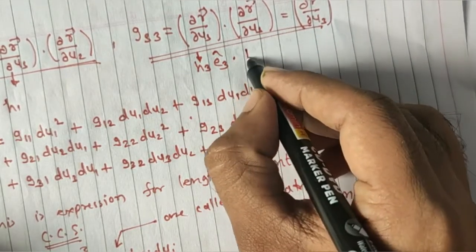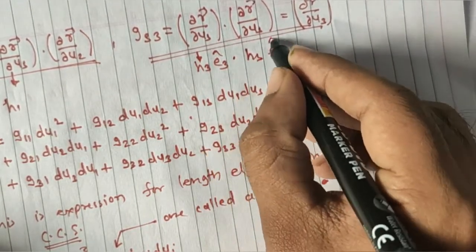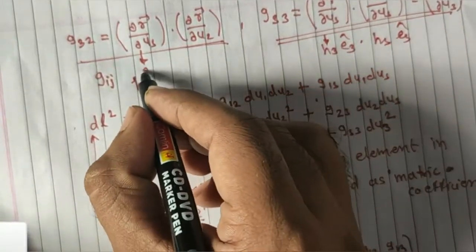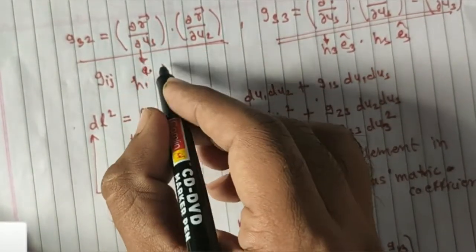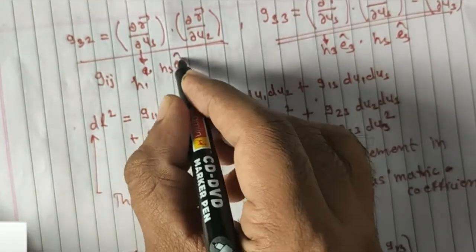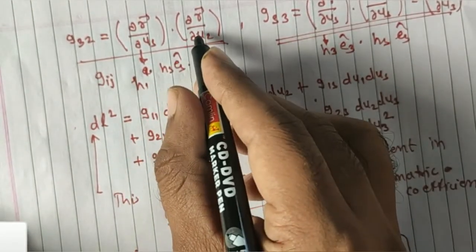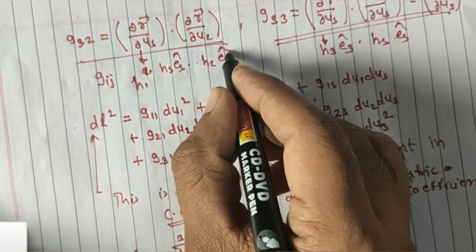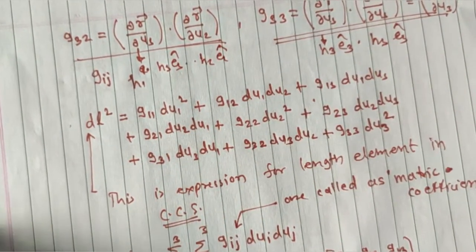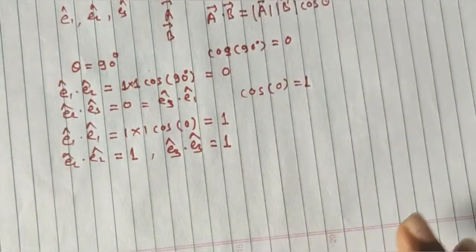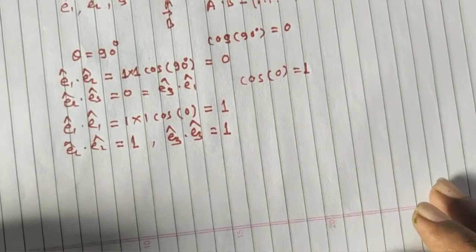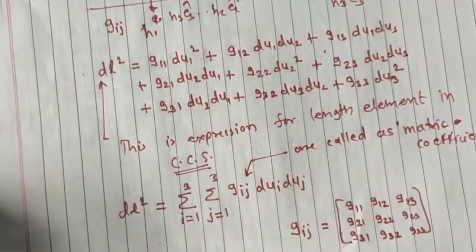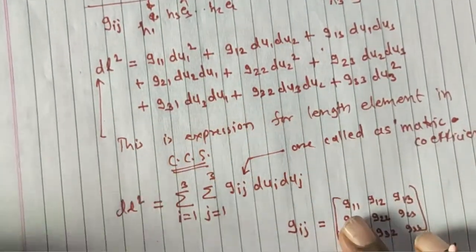Similarly, there is a dot product of h3 e3 cap, and in this case there is h3 e3 cap dot h2 e2 cap. There is a dot product, so I'm going to use these dot products in that length element. So this was the expression for the length element.